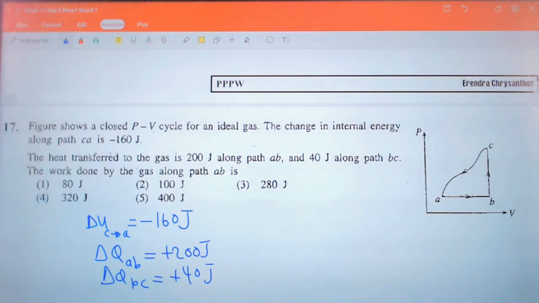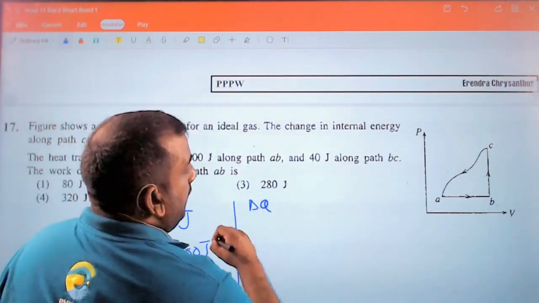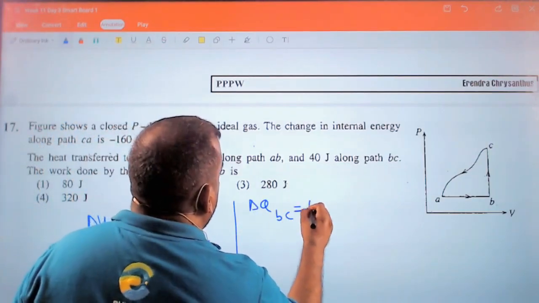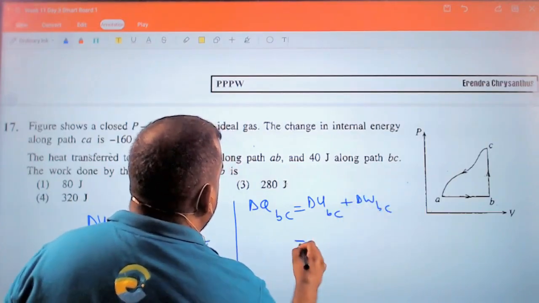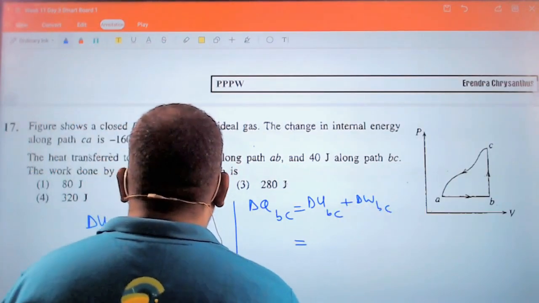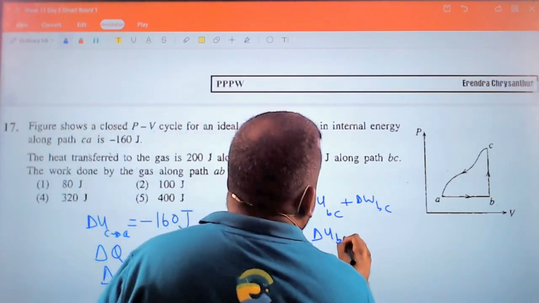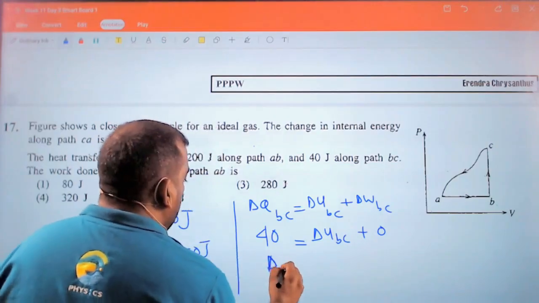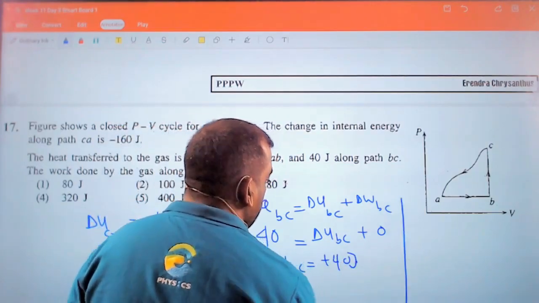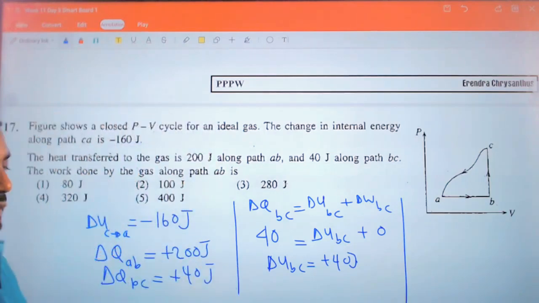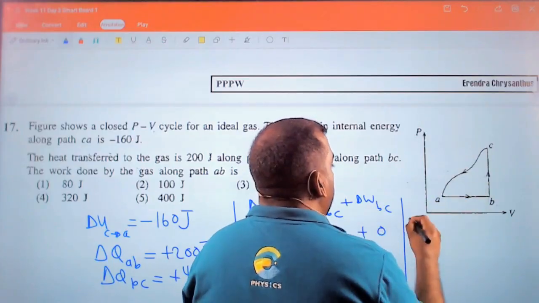Work done along AB is... start with the easy one, BC: delta Q BC, delta U BC, delta W BC. Heat transferred along BC is 40. Delta U BC we don't know, but work done is going to be 0. So delta U BC is plus 40 joules. These form a loop, a cycle.